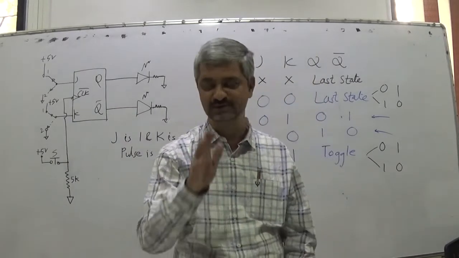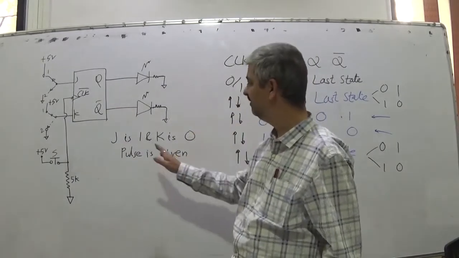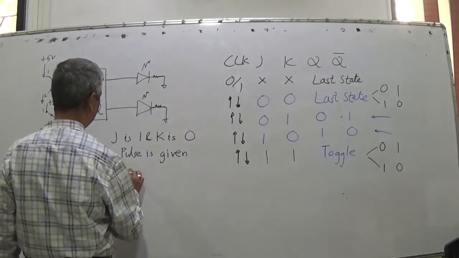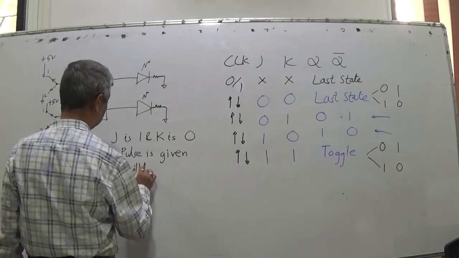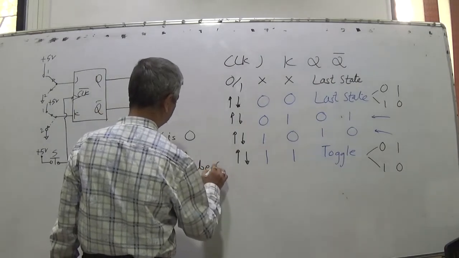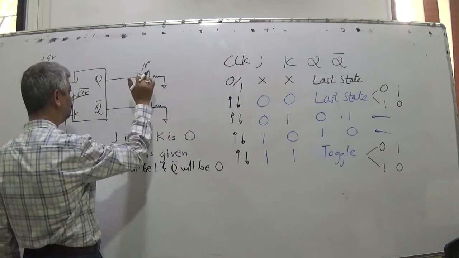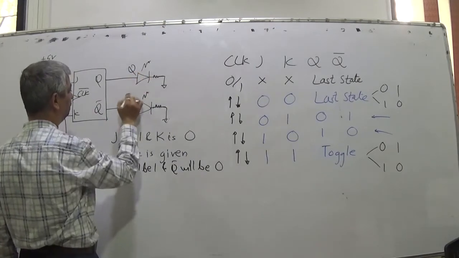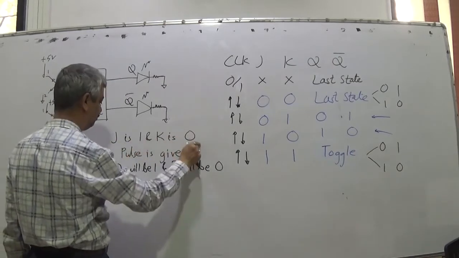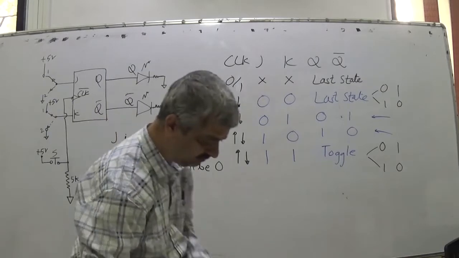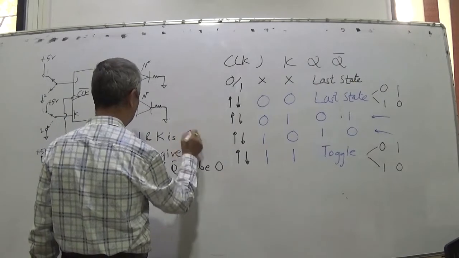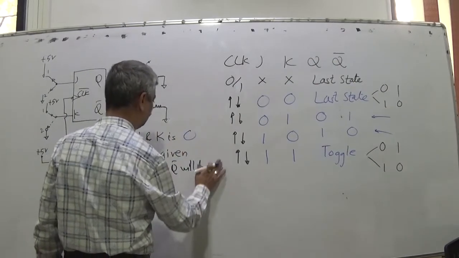J is 1, K is 0, pulse is given. What will happen? Q will become 1, and Q bar will be 0. So when you give pulse with J as 1 and K as 0, Q becomes 1 and Q bar will be 0.